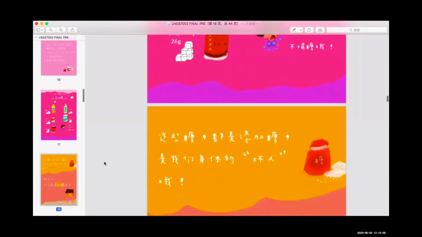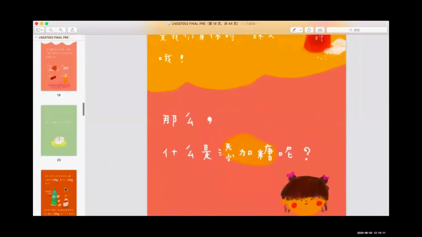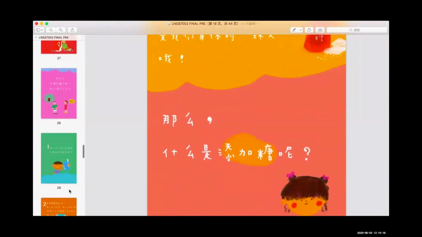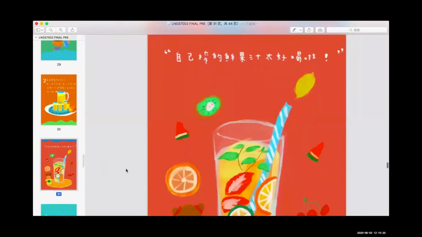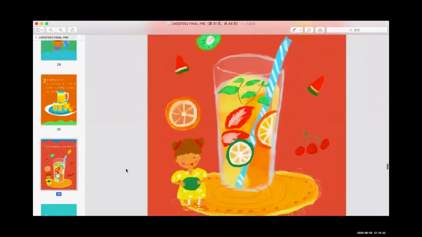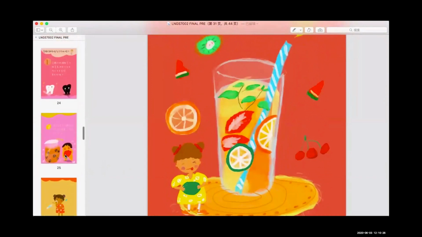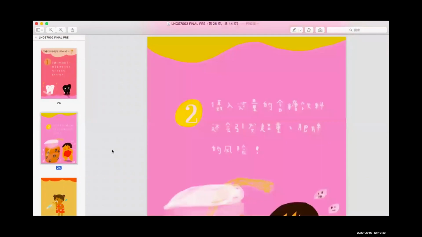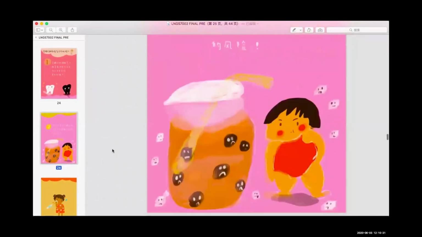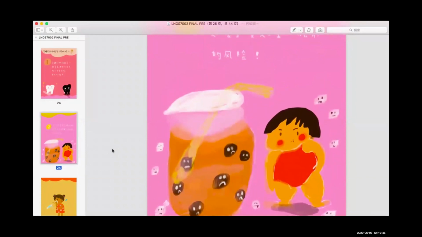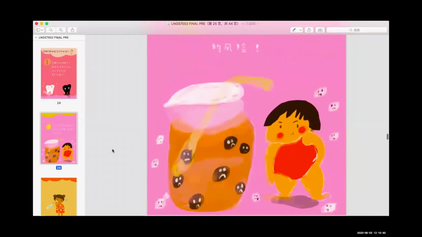Second, the taste sense is being evoked through the pictures of the freshly squeezed homemade orange juice that is recommended for them to replace the sugary drinks. In addition, evil emoji painted on the bubbles and a chubby girl stands beside the milk tea that looks less tasty and can reduce their desire of drinking sugary drinks.